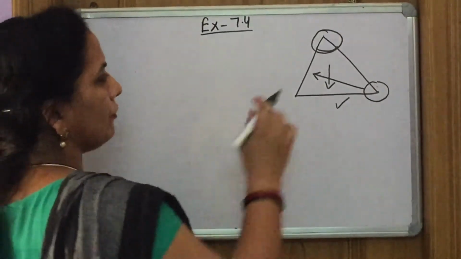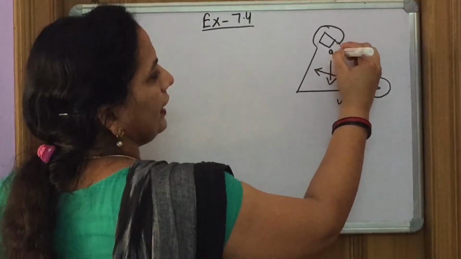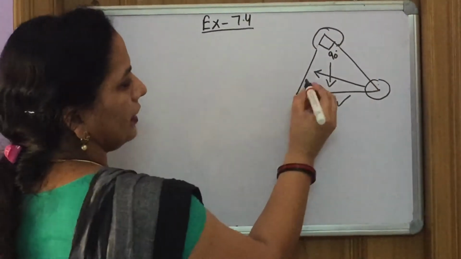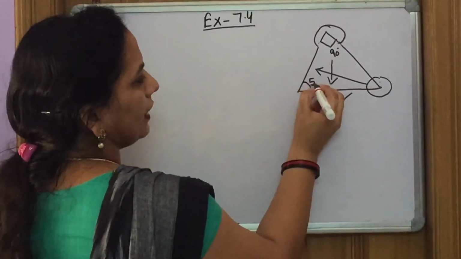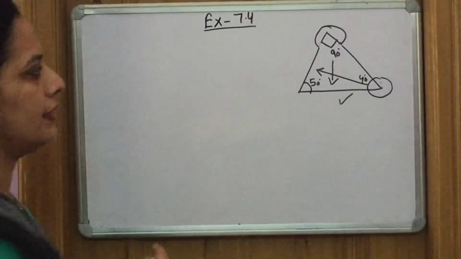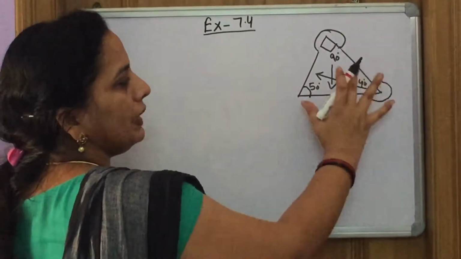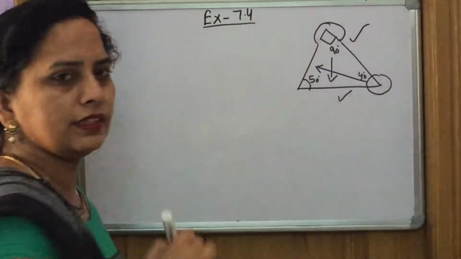For example, if there is an angle of 90 degrees, here 50 degrees and here 40 degrees, then the largest angle of this triangle is 90 degrees.